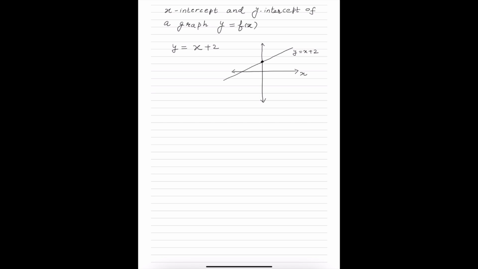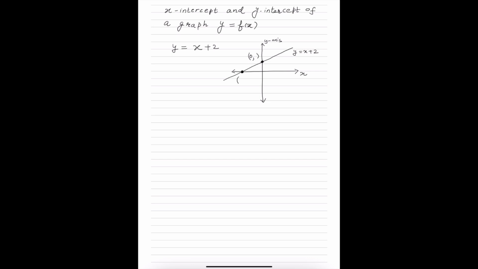Now this straight line cuts y-axis at this point, which has two coordinates. Now since on y-axis all x values are 0, so x coordinate of this point will be 0, and we have to put the y coordinate, which we will put later.